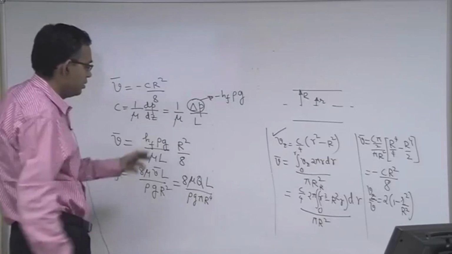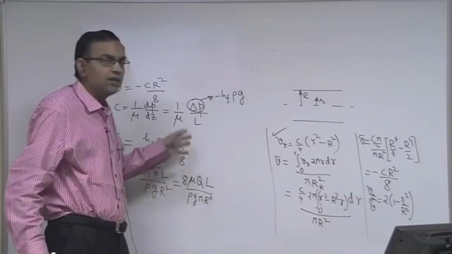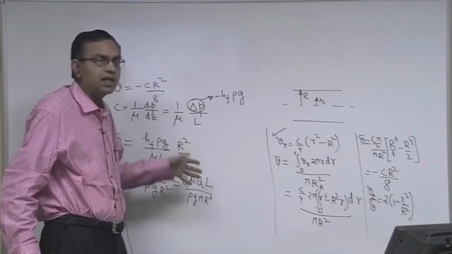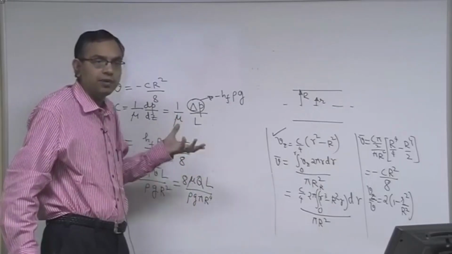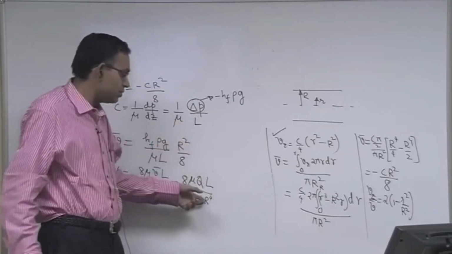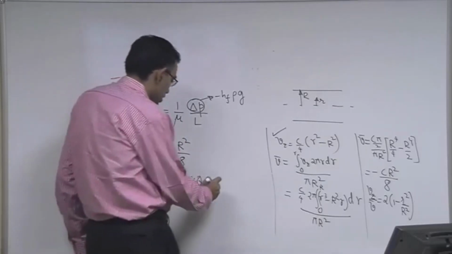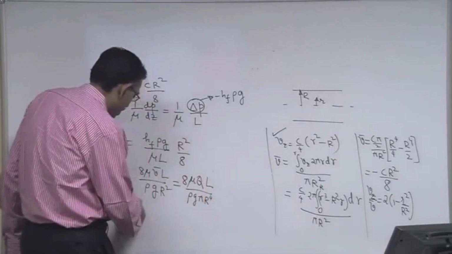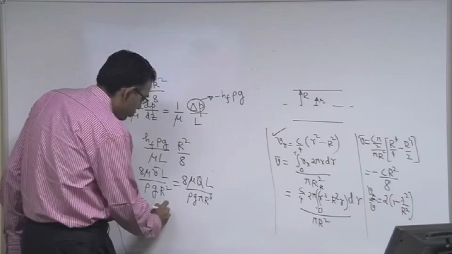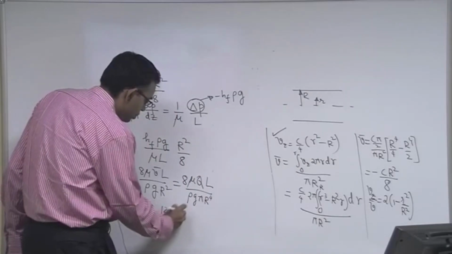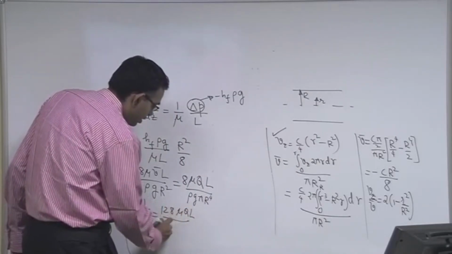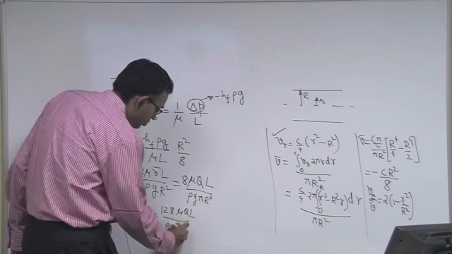Many times in engineering convention we express the result in terms of the diameter of the pipe rather than the radius. So, if you substitute R equal to D by 2, then we get Hf is equal to 128 mu Q L by rho g pi D to the power 4.